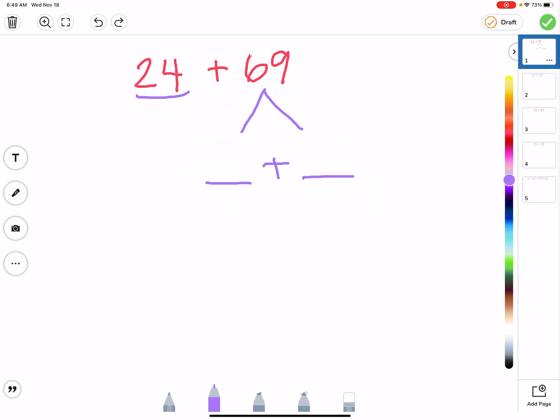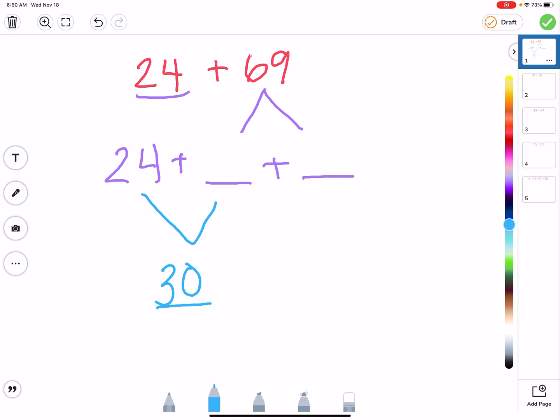It's going to be all of the parts. Both of these parts are going to add up to be 69. So the question is, how much do I take out? Well, I'm going to bring 24 down because I'm going to want to add 24 plus something to get to the next 10. What is the next 10? The next 10 would be 30, right? 24, if I keep counting up, the next 10 I'm going to get to is 30.